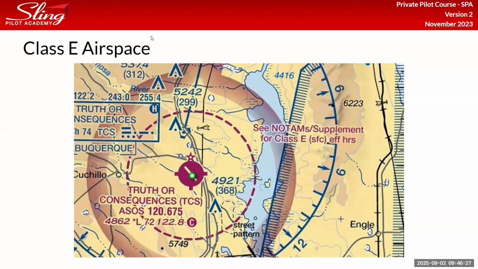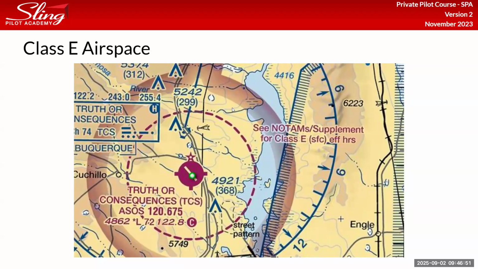Okay. Class Echo, this is where it gets a little bit more complicated, okay? So let's lock in. The vignette that I talked about here, this is what the vignette looks like. There's a shaded side and then a solid line side, right? So this inside is the shaded middle, and outside of here is the solid side.